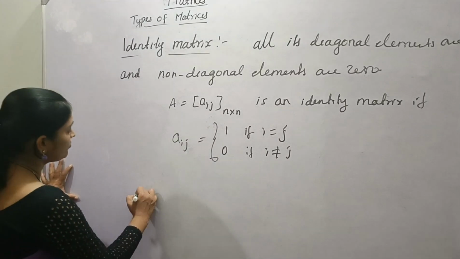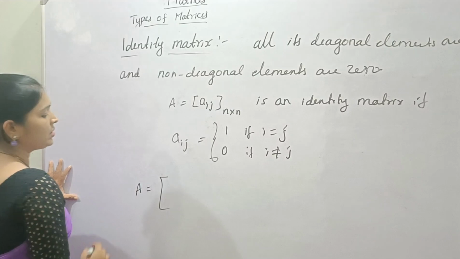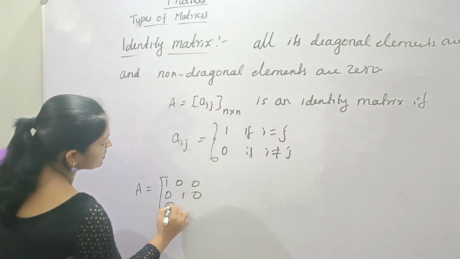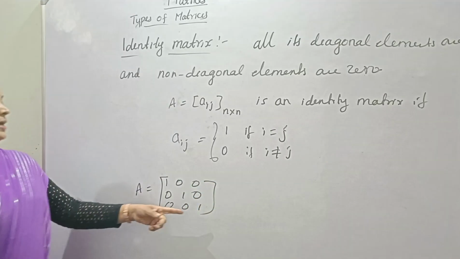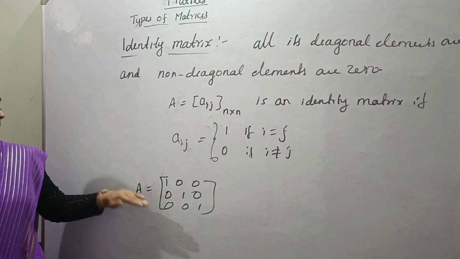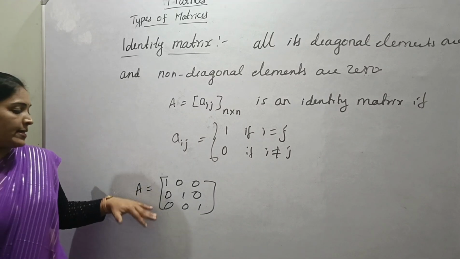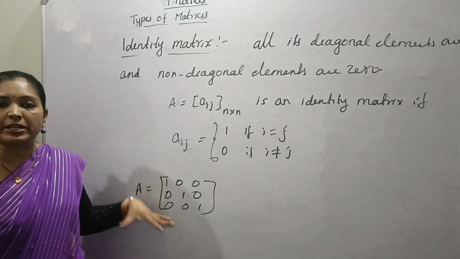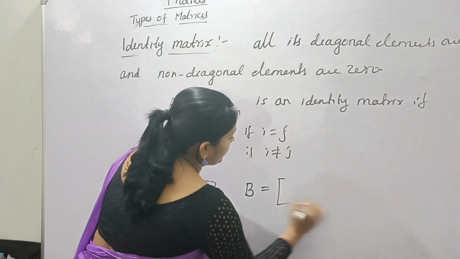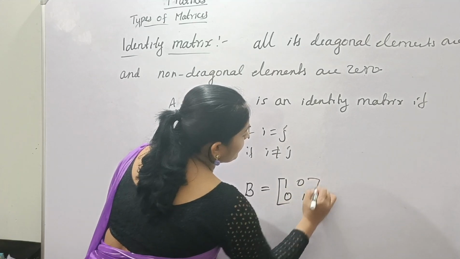For example, A is equal to 1, 0, 0, 0, 1, 0, 0, 0, 1. Here main diagonal elements are 1 and non-diagonal elements are 0. Therefore the matrix A is an identity matrix of order 3. B is equal to 1, 0, 0, 1.